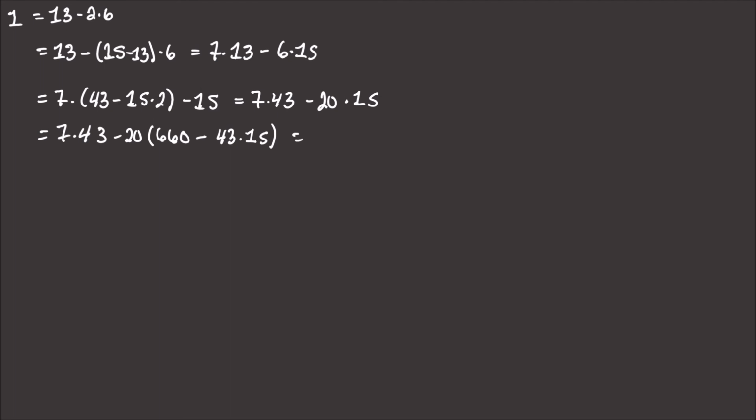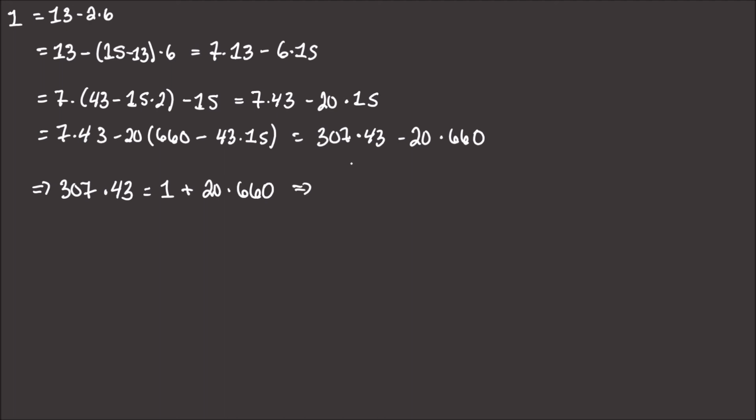So this will equal 307 times 43. Should specify that's not a decimal, that's a times. And then minus 20 times 660. So this implies that 307 times 43 is equal to 1 plus 20 times 660.